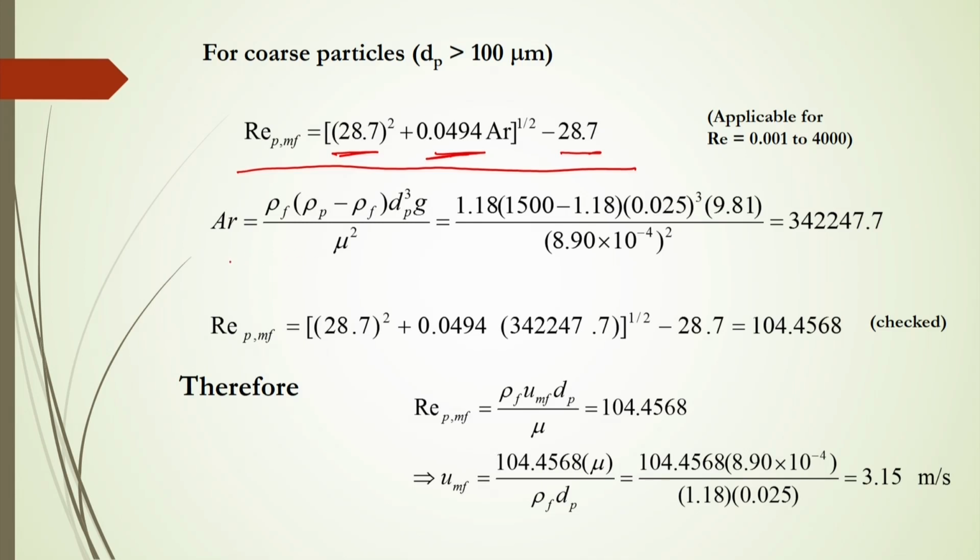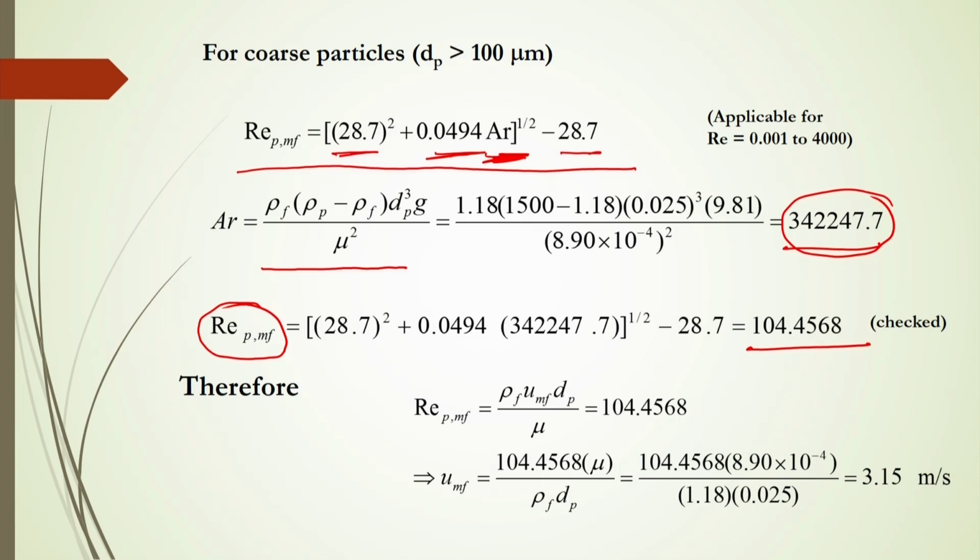Now, first you have to calculate the Archimedes number. If you substitute the different variables in this equation, you will get the Archimedes number as 3,42,247.7. Then if you substitute this Archimedes number in this equation, you will get the minimum Reynolds number for this minimum fluidization condition, equal to 104.45.